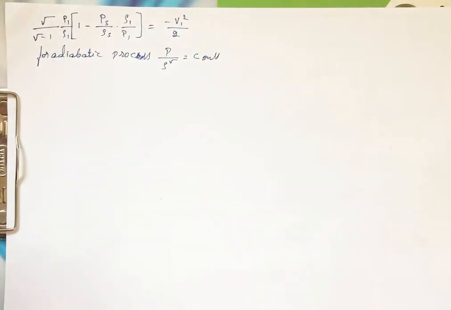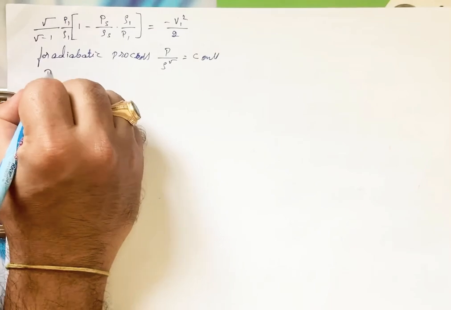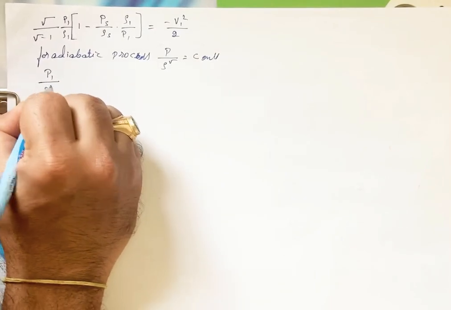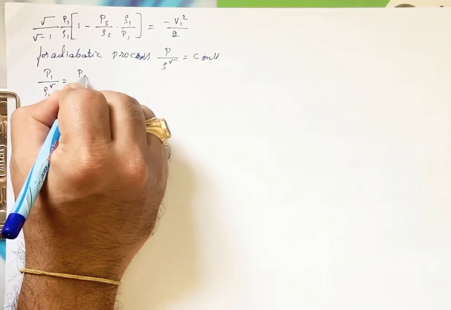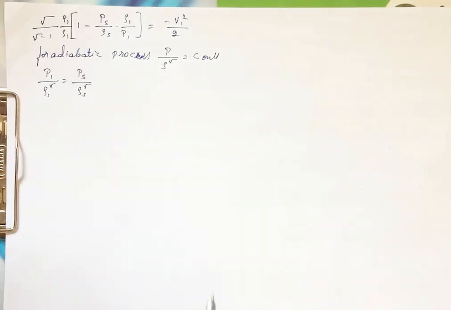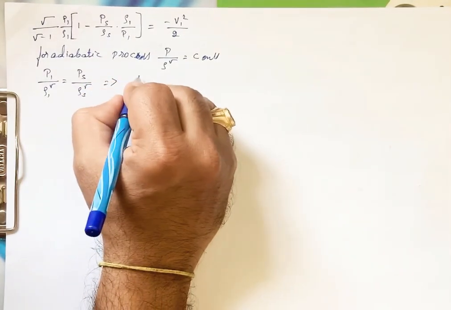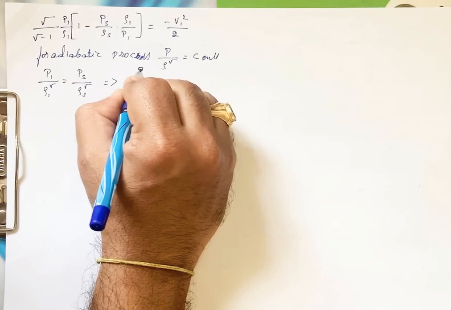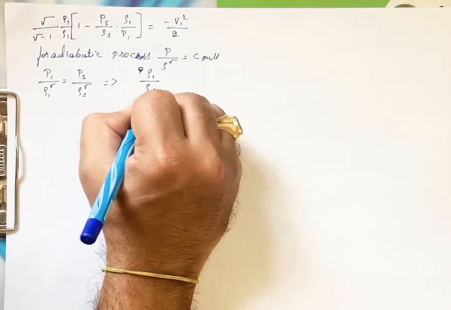Right. This is what we have, or else I can write P1 by rho 1 raised to gamma is equal to Ps by rho s raised to gamma here. Now in place of P1 by rho s, I'll substitute rho 1 by rho s as P1 by Ps here. So for that I need to do rho 1 divided by rho s.